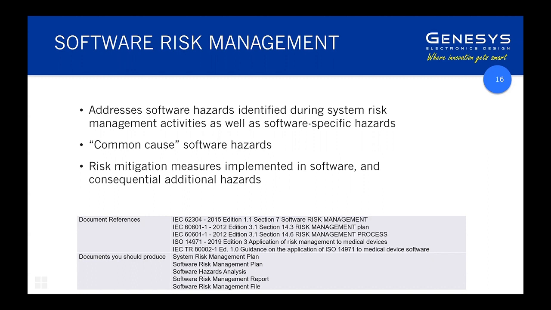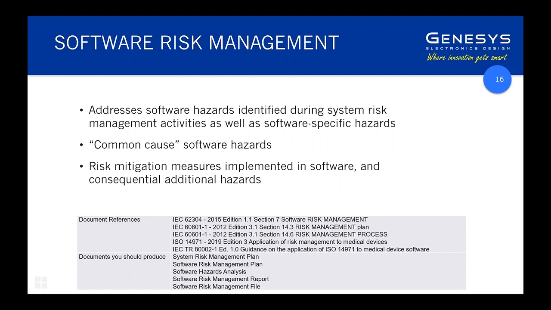But software has its own bundle of common core software hazards, which can arise simply from the implementation of software, giving rise to bugs, things like stack overflows and memory violations, that a good software engineer will deal with in development. But it is necessary to consider software specific hazards as well as system hazards caused by software.